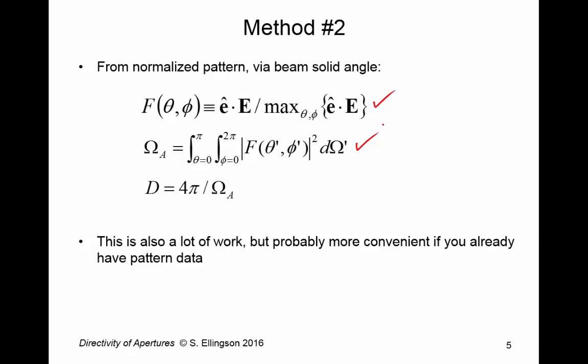After all, there's still a two-dimensional integral involved. But this is probably more convenient if you already have pattern data. So in a lot of engineering applications, we have pattern data for antennas because we've measured them in a range or something of that nature. And so this turns out to be a more convenient way to do it in that case. We don't have to go all the way back to the fields.